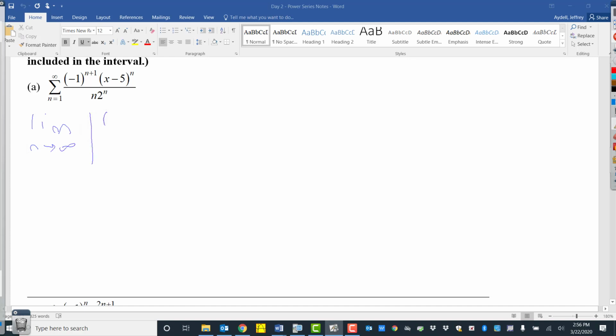Absolute value of -1 to the n plus 1 plus 1. So this is the plus 1 part of the a sub n plus 1 part of this, times x minus 5 to the n plus 1 over n plus 1 times 2 to the n plus 1.